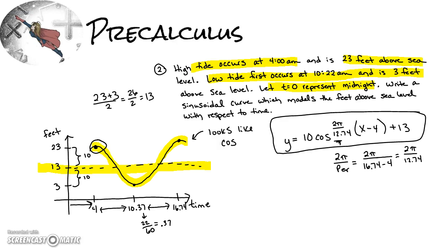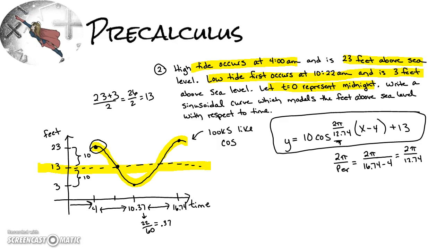And looking at this, I don't think anyone would really choose to do a sine curve for this, because that would take extra work where you'd have to find right where that's starting, and that would be a decimal between 4 and 10.37, so let's not even bother with that. I think the best choice for you for this one is just this answer, which is the cosine curve.